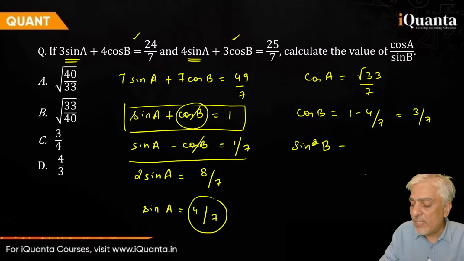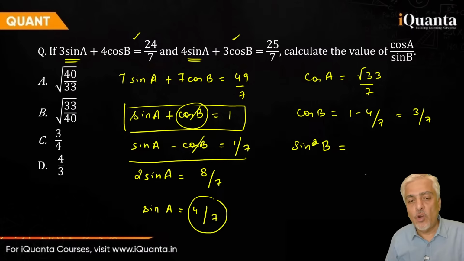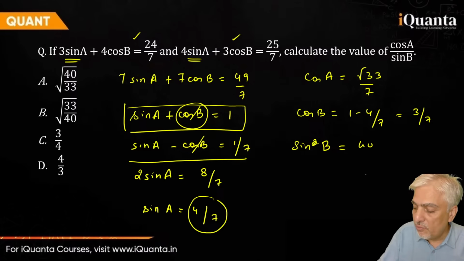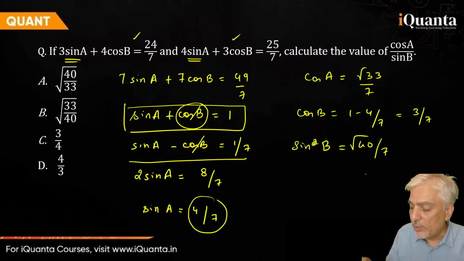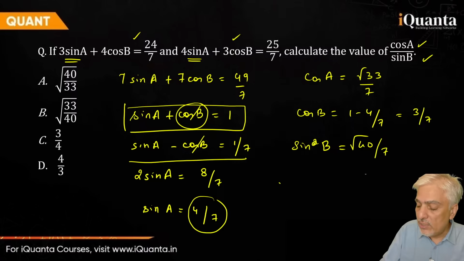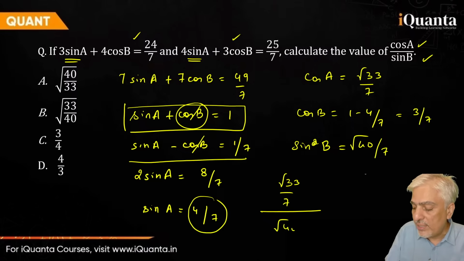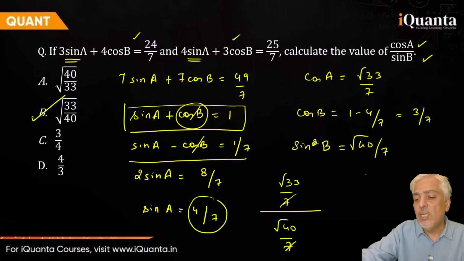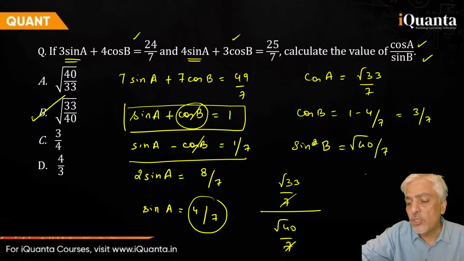Same, sin square B plus cos square B is 1. 49 minus 9 will be 40, root 40 upon 7. We want cos A upon sin B, root 33 upon 7 divided by root 40 upon 7. 7, 7 cut. Answer is the second option. Quickly just let me know whether you have understood this.